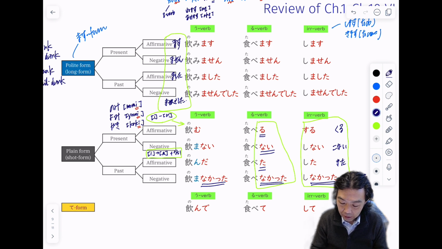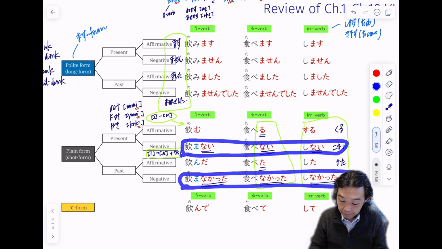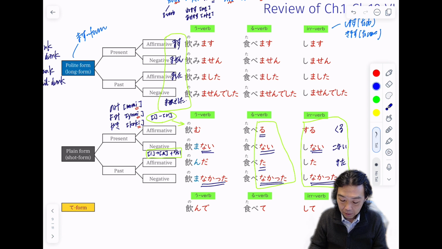And then if you look at the present negative, they also end with the same word, ない。Okay. So if you focus on these, there is a very clear pattern that the ない becomes なかった regardless of the verb types.